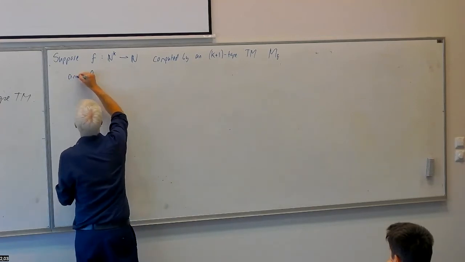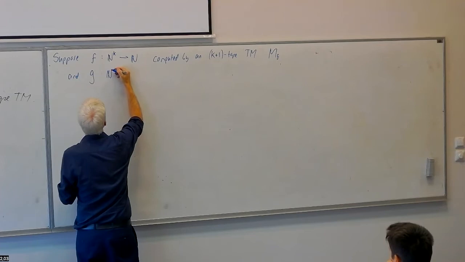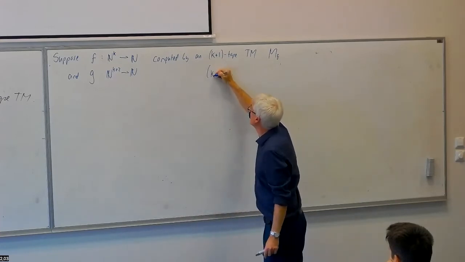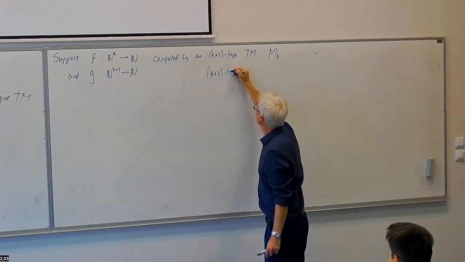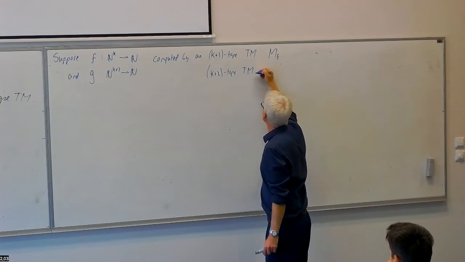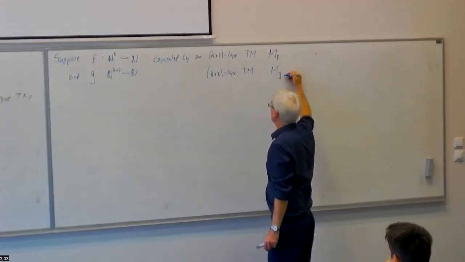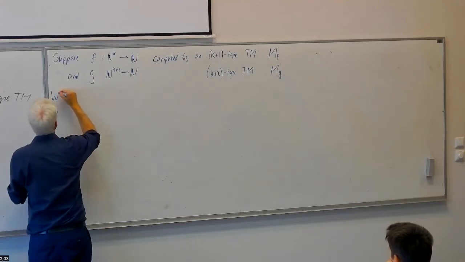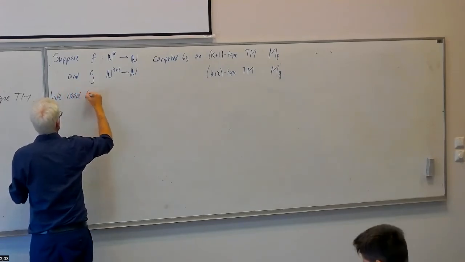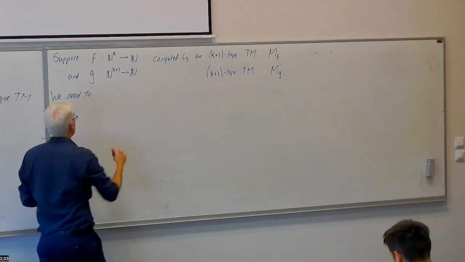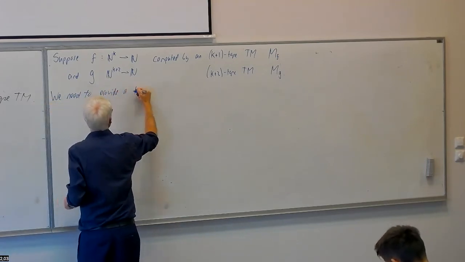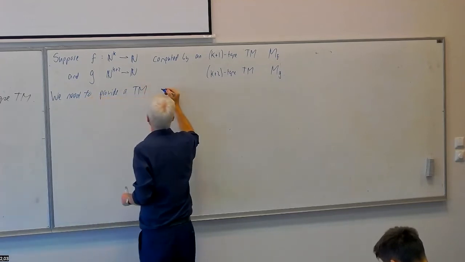And g is a k plus 2 argument function that's computed by a k plus 3 tape Turing machine M_g. We need to find a Turing machine computing R(f, g).